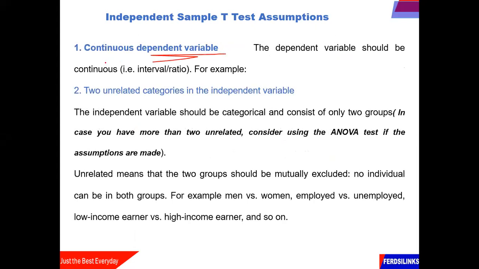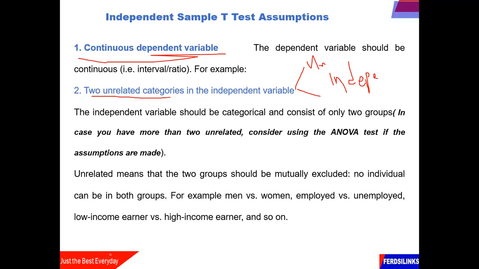So we have already discussed the first assumption, a continuous dependent variable, 2 categories for the independent variable, and there must be what? Unrelated. The word unrelated is very important. That is independent. There must be 2 independent groups. If the groups are not independent, you cannot use the test.